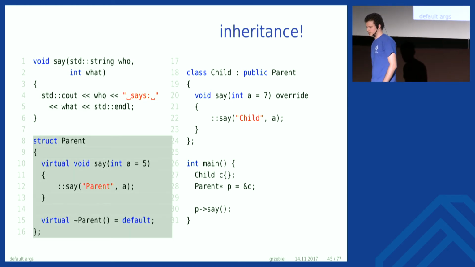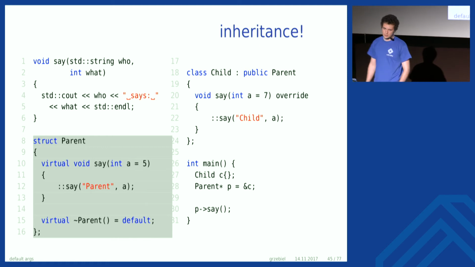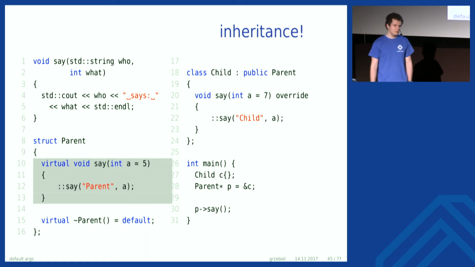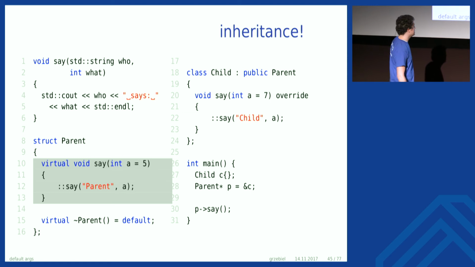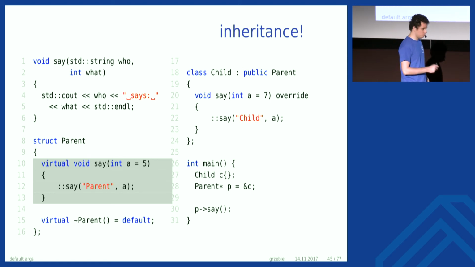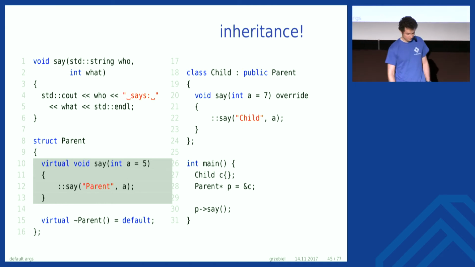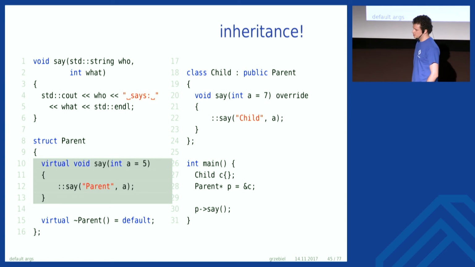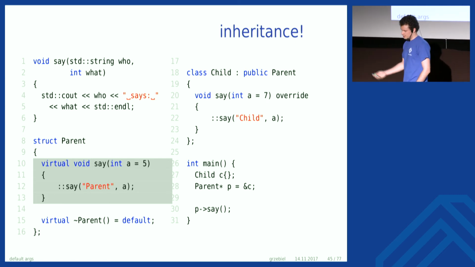We have a class Parent that will be used as our base class that implements a single virtual function that takes an argument that we specify as default to equal 5, and all that function does is print Parent says and the argument.